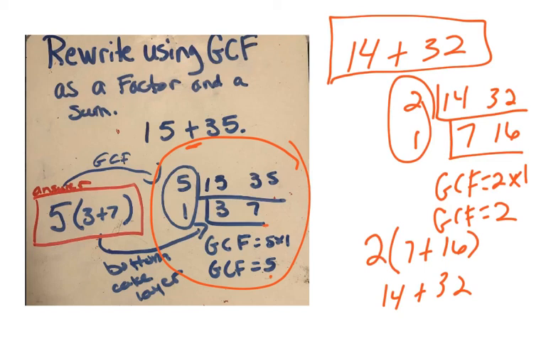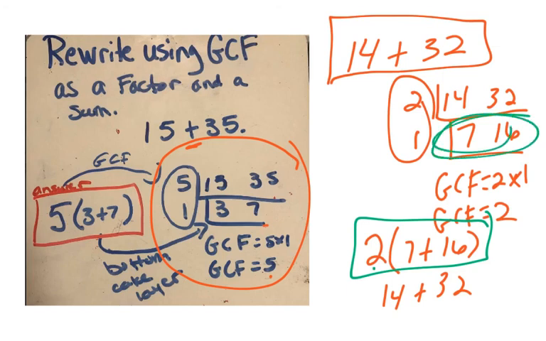Okay, so there would be the answer. Okay, so that is how we use greatest common factor to rewrite a sum using a factor. Okay. Find the greatest common factor, then you put your bottom layer of your cake inside the parentheses, and then check your work. Okay, hope that was helpful.